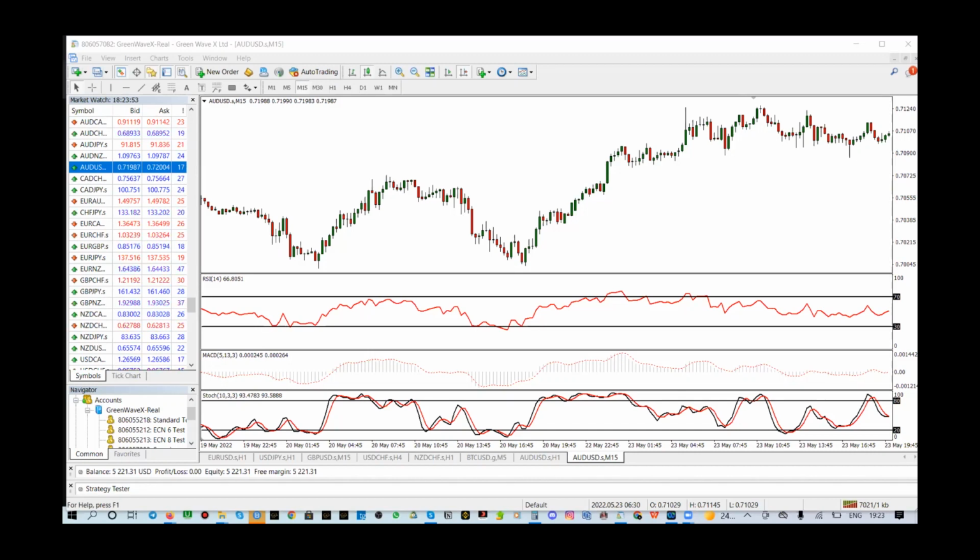So I have a question from Mary. She says, is divergence the formation of momentum at the overbought or oversold region? Yeah. Divergence can be anywhere normally, whether at the middle of the indicator or at the overbought or oversold region. But the best divergence is at the overbought or oversold region, based on even the concept we are looking at it from, because we are trying to use the divergence to identify the end of correction.